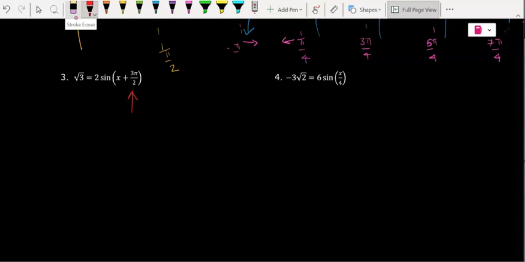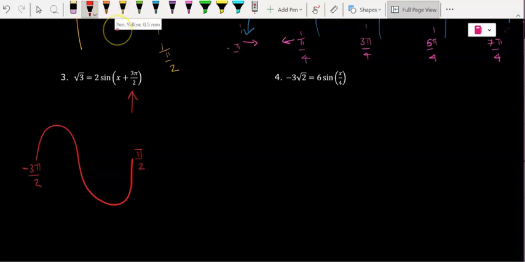So basically what I'm going to have here is for my sine, it's now going to do this like it always did, but instead of going from 0 to 2 pi, I'm going to be starting here at negative 3 pi over 2. And then I'm still going that distance. I'm just not going to actually finish there. Instead, I'm going to finish at pi over 2.